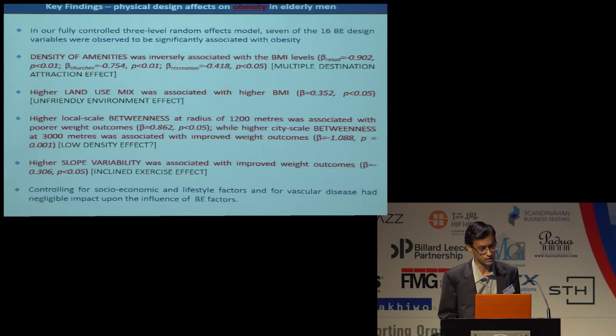The key findings were that density of amenities was inversely associated with body mass index, and higher land use mix was associated with higher body mass index. Higher local level betweenness at 1,200 meters was associated with higher body mass index, whereas at a city scale of 3,000 meters, it was associated with improved weight outcomes. Slope variability was associated with improved weight outcomes, say an inclined exercise effect.